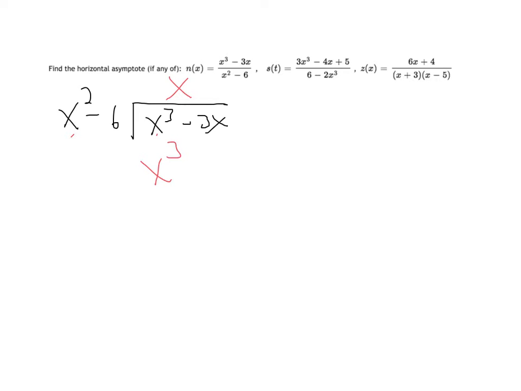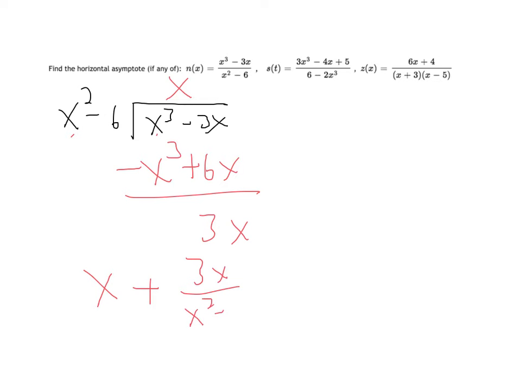X times -6 is -6x. I change my signs. That leaves me 3x. I can't multiply x squared by anything to make it be 3x without going to some kind of fractional, some kind of rational expression. So this function becomes x plus 3x over x squared minus 6.